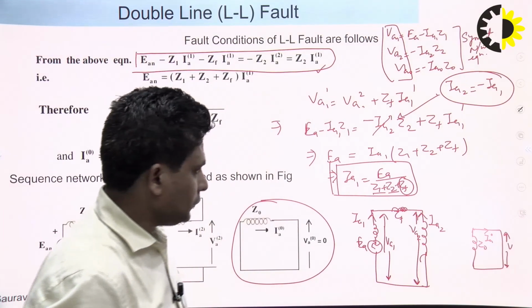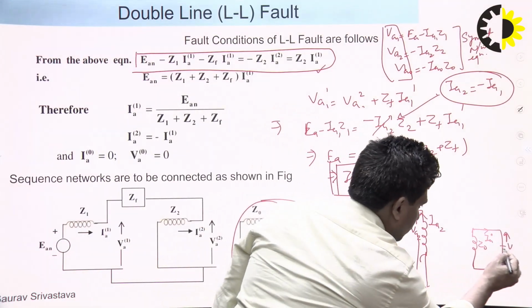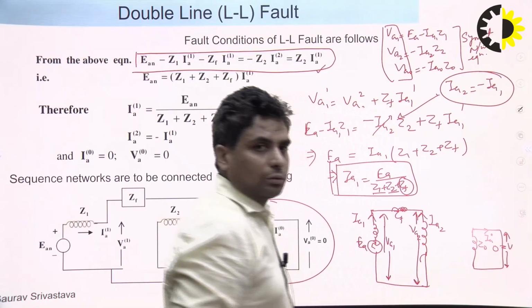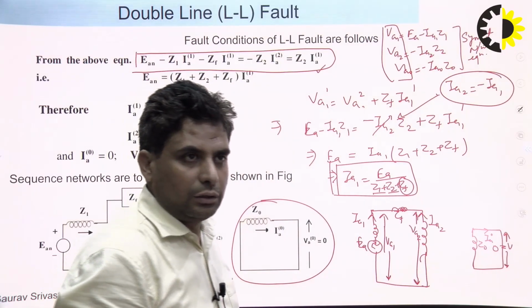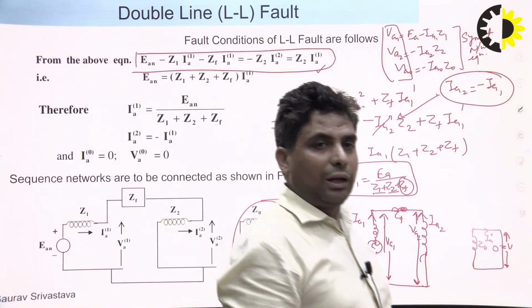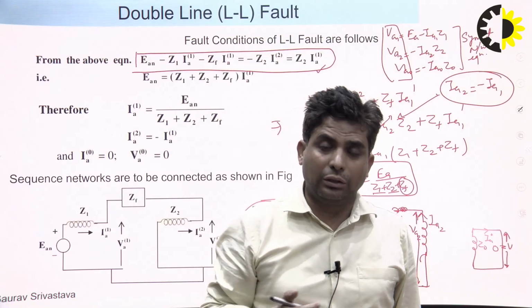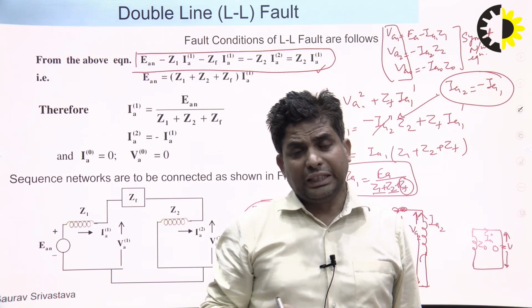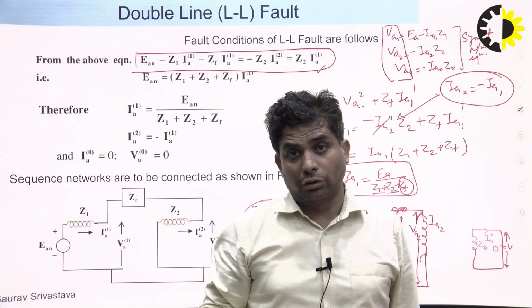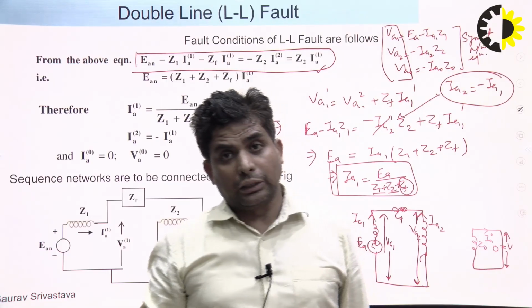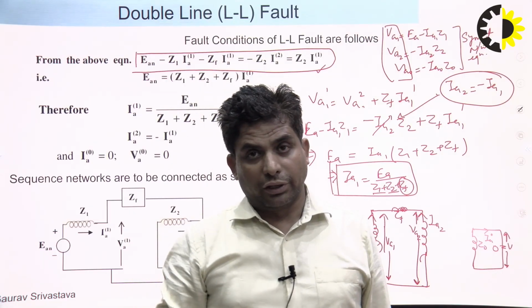Clear? So that becomes zero, therefore it is disconnected from the network. So that is all about the double line to ground fault, and now we will discuss in more depth the calculation part, how we calculate the fault current when the double line fault occurs at any point in the network shown in the figure.